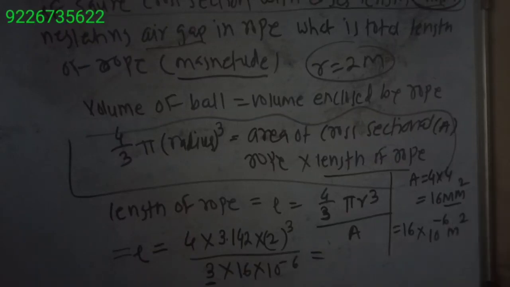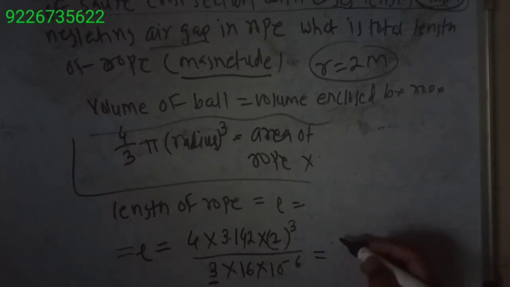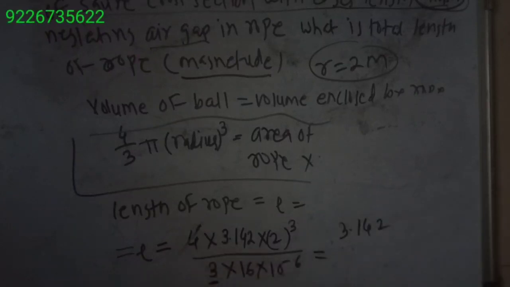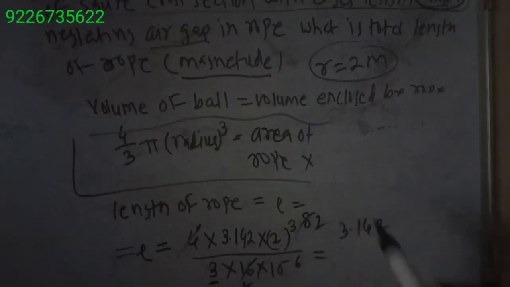By calculating it, we take pi as 3.142. 2 raised to 3 means 8, and 4 cancels with 16 leaving 4 raised to 2.